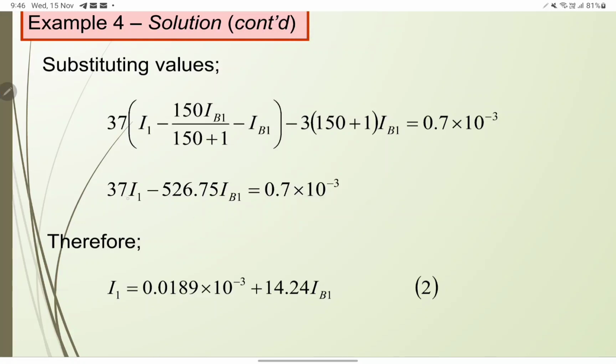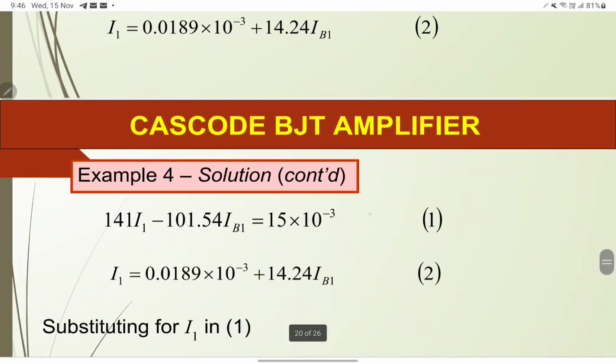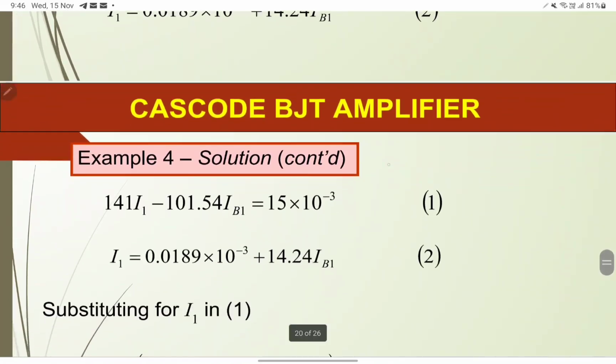get the result is 37 I1 minus 526.75 IB equal to 0.7 milli. Okay, therefore you can replace the value.